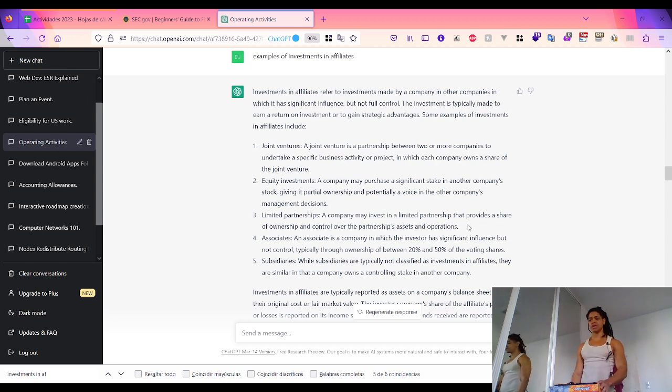Investment in affiliates is part of the operating assets. Very important. You also have another example, associates. An associate is a company in which the investor has significant influence but not control, typically through ownership of between 20 and 50% of the voting shares.